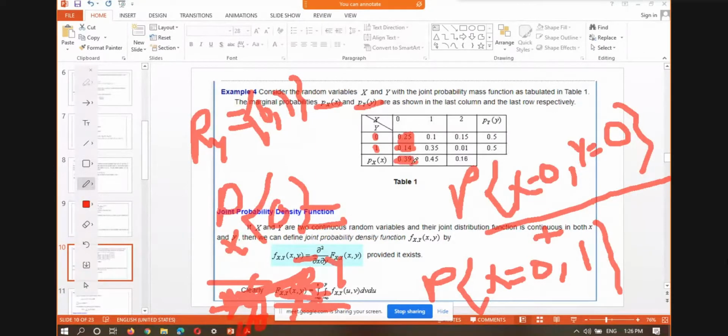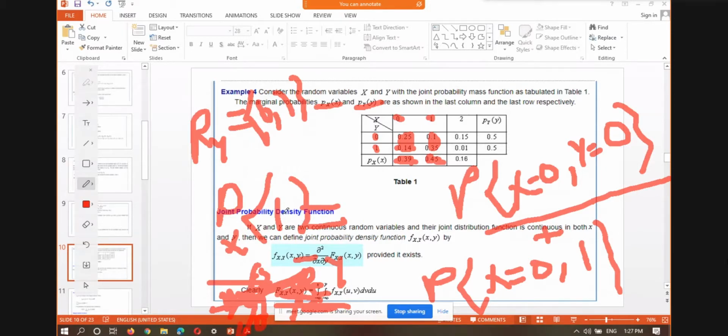So if our random variable is of discrete kind, then what we do, like this is the value for x equal to 0, I will add all the probabilities for this column and I will get the marginal probability at x equal to 0. Similarly for x equal to 1, I add these two and I will get this one. So this 0.45 is the probability at 1, because I have added this.